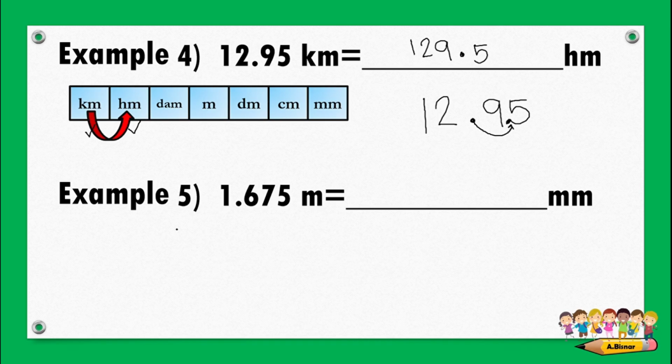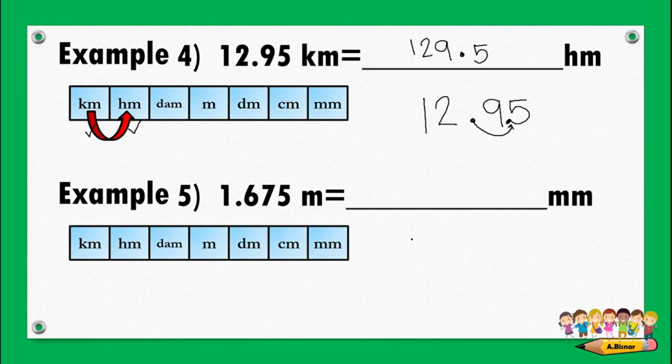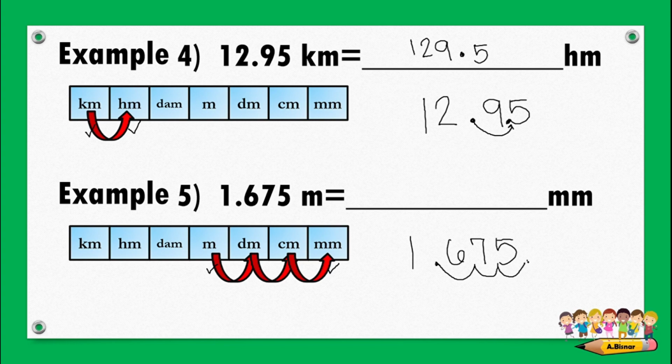Another, 1.675 meters to millimeters. So let us write the given. And let us now count how many steps from meters to millimeters. So 1, 2, 3. Therefore, there will be 3 movements to the right. 1, 2, 3.